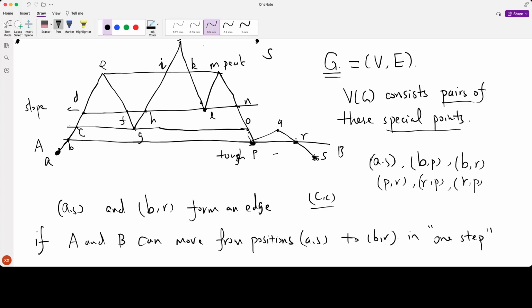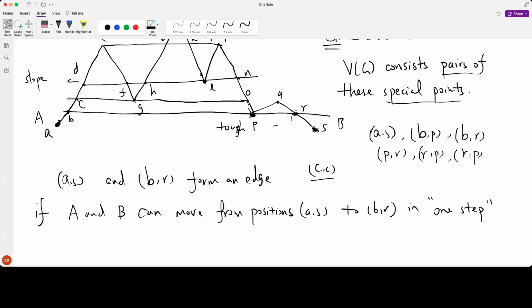In this case, they can locally move. There's no problem. They can move from here to here, and B from here to here at the same time, because they keep the same altitude, the heights.